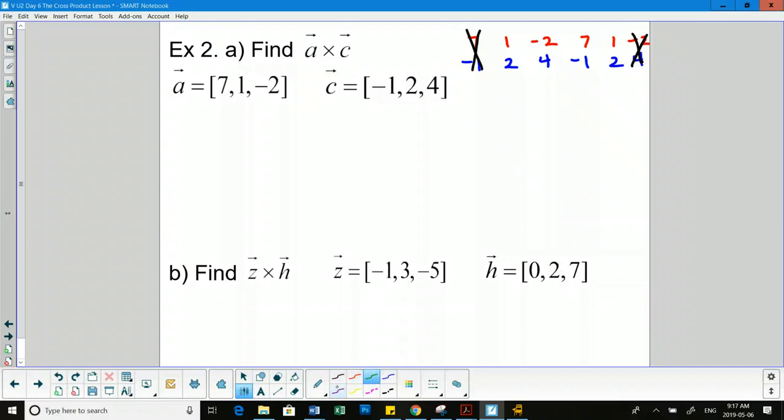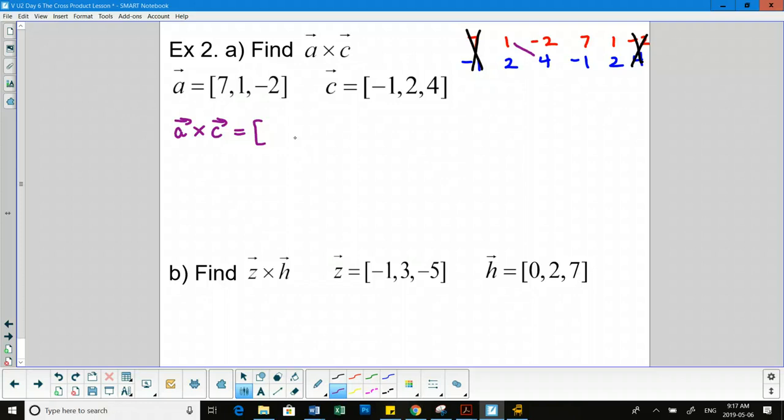Okay, so if I'm doing A cross C, we're going to get a new vector. The result of the cross product is a vector, so I'm using my square bracket. And now I think you guys will see how this becomes a little bit easier. So I'm going to cross to the right. This is my multiple.